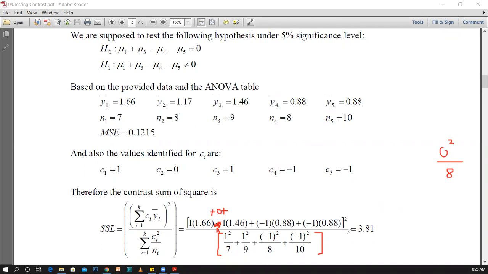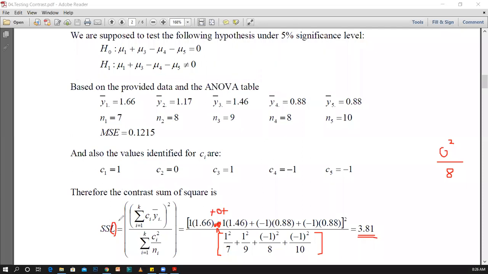Once you do this calculation, you will end up with the value SSL equals 3.81. Here we are defining this as the contrast sum of squares. Even though it is contrast, we are using this L because we are saying this contrast is a linear combination.